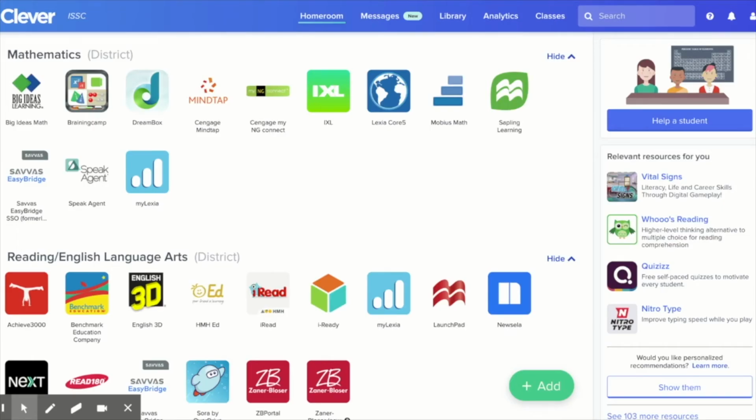The resources that all students have, whether they're at home or inside the classroom, and that they've been using this year as well, are some different resources through Clever.